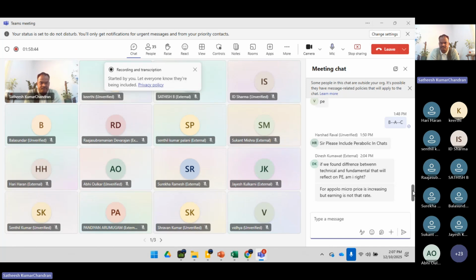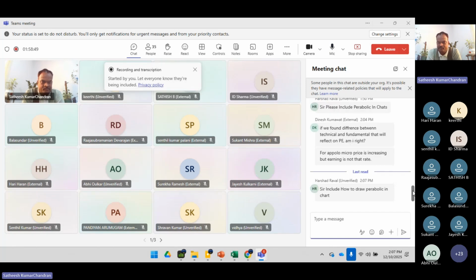Yeah, if you find a difference between technical and fundamental, it will reflect in PE. Yes, PE is more of a valuation metric. For Apollo Micro, price is increasing, but earning is not. Correct. It is not reflecting because only buyers are there. Earning is not catching up.